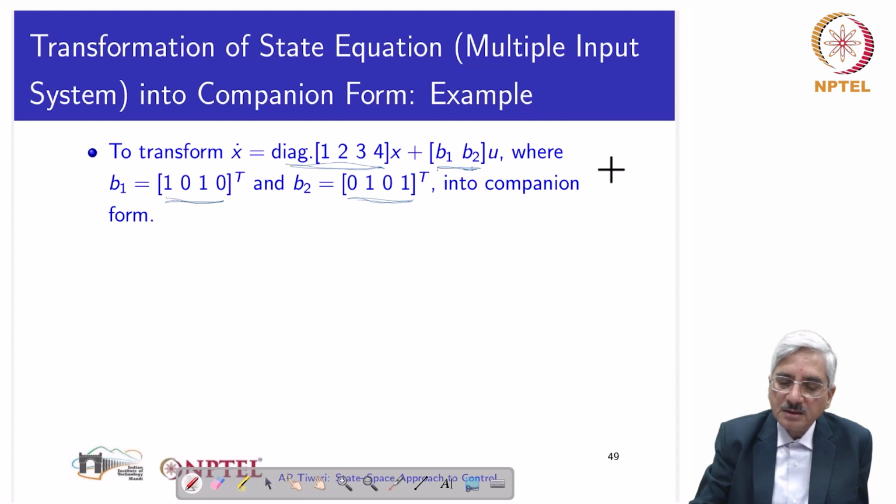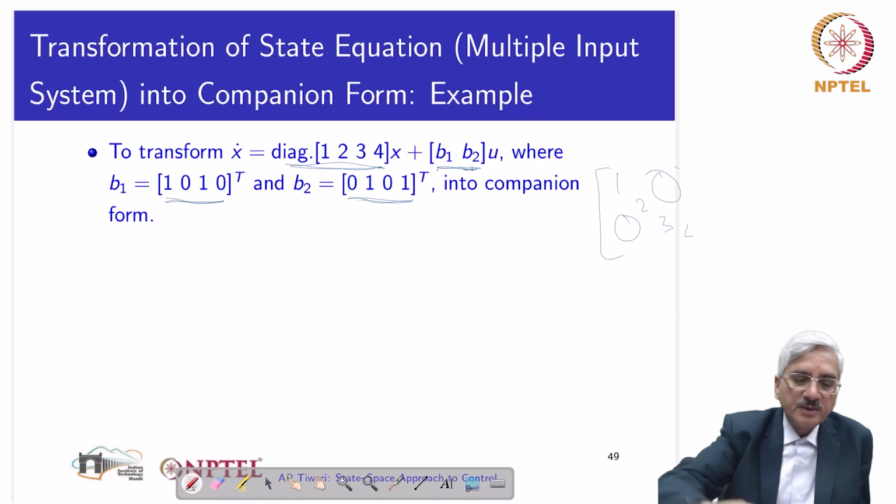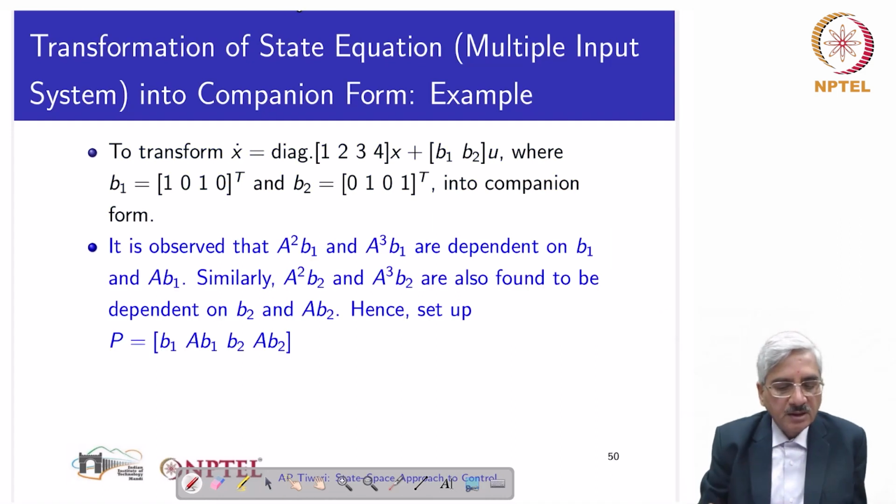So A matrix is like 1, 2, 3, 4, zeros here, zeros here, and B matrix is 1, 0, 1, 0, and 0, 1, 0, 1, like this. We have to convert it into companion form.